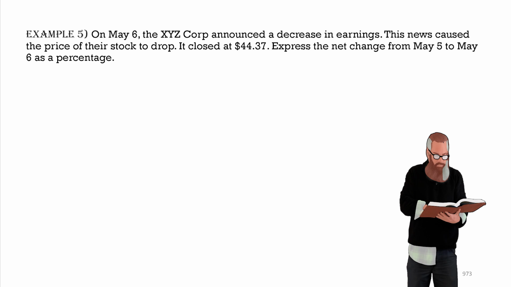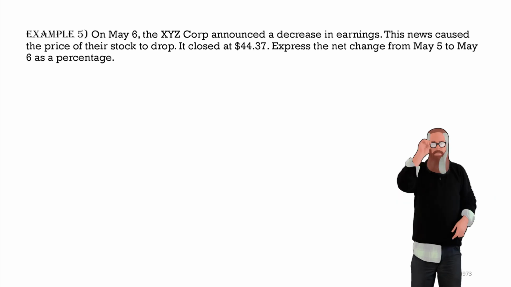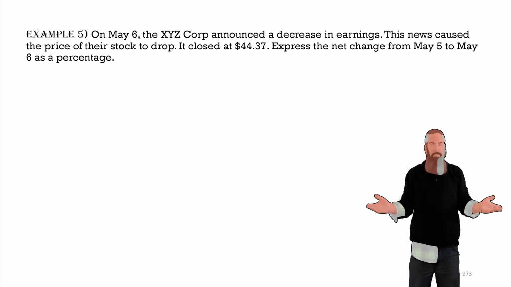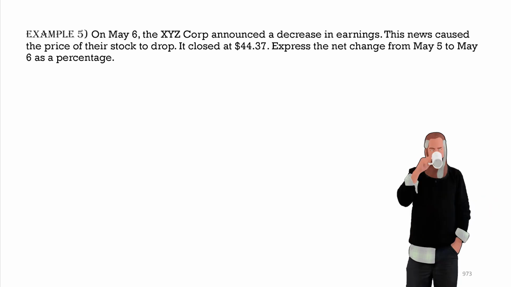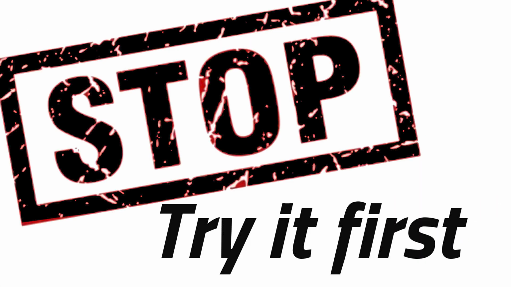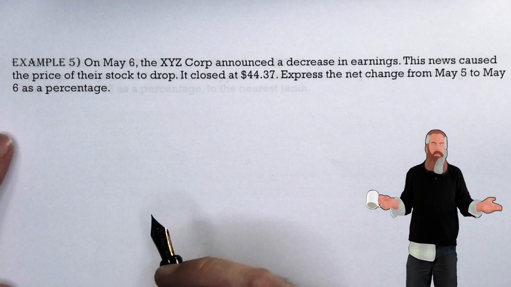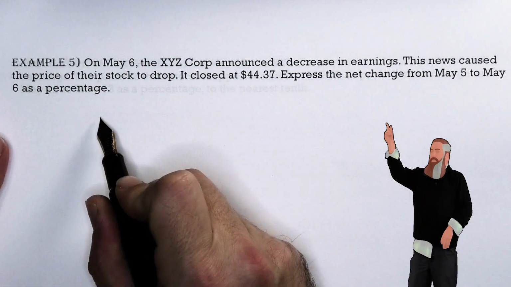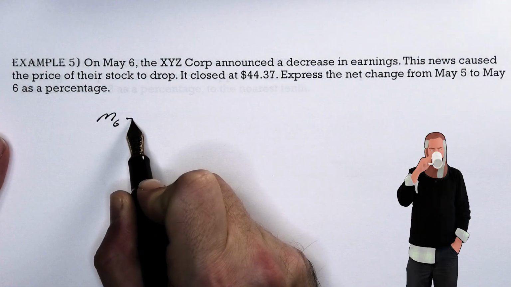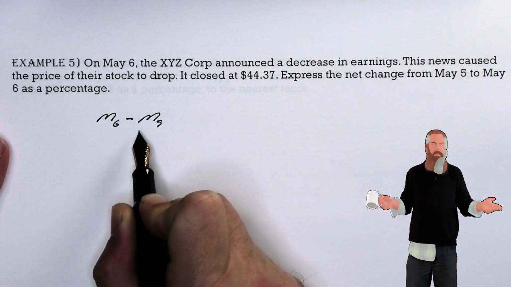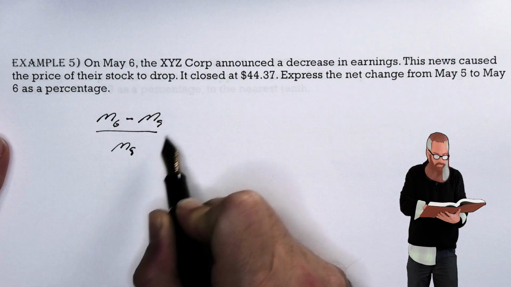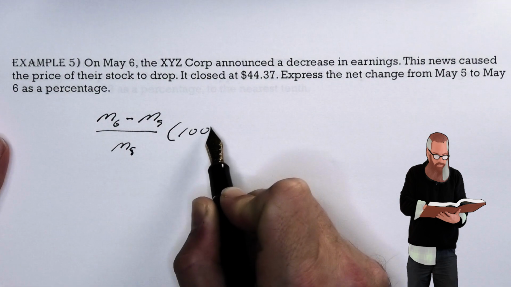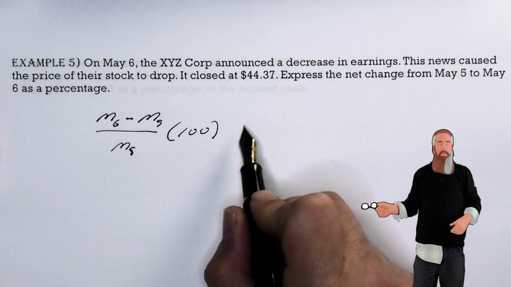On May 6, XYZ Corp announced a decrease in earnings. This news caused the price of their stock to drop. It closed at $44.37. Express the net change from May 5th to May 6th as a percentage. In both cases, we're going to be looking at the close price. What we really want is May 6th minus May 5th in its close price, dividing by May 5th's close price again, and then multiplying by 100 to make this into a percentage.